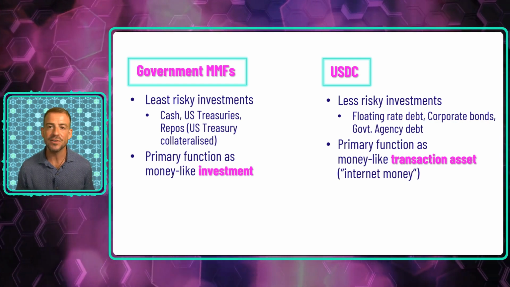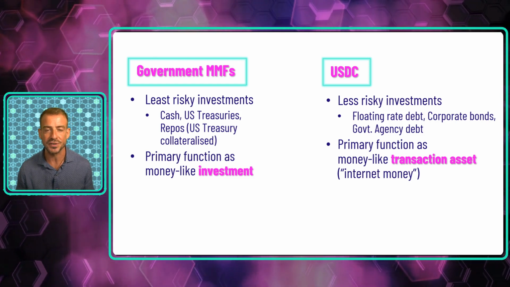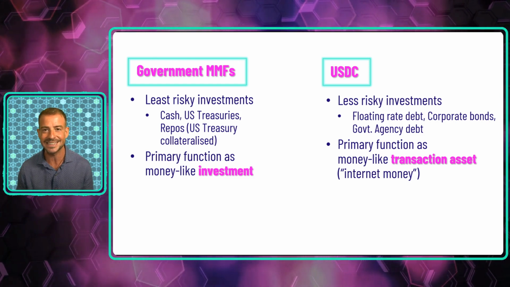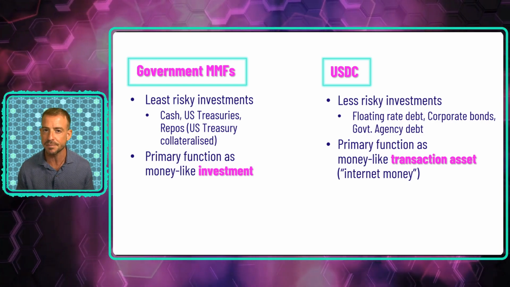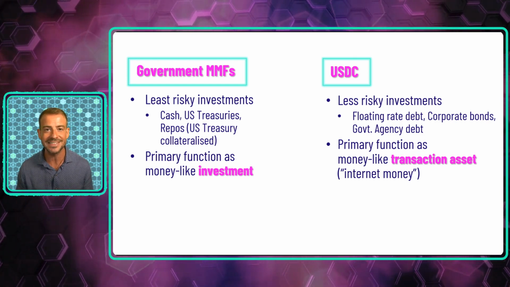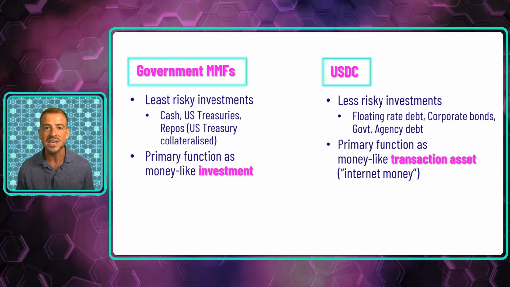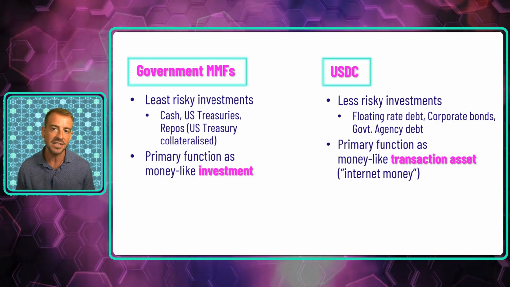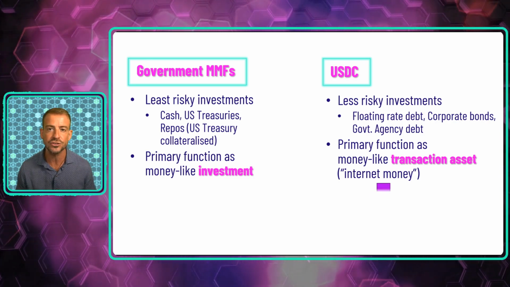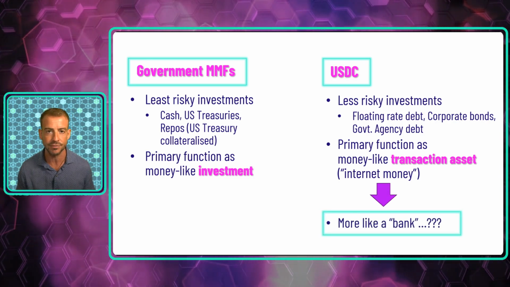But looking again at the foundational differences in the purpose of money market funds and stablecoins, we note that USDC is not being designed to be an investment asset, but to be a transaction asset. It is aiming to be money on the blockchain, and that gives it a professed economic function that is much more similar to a bank than a money market fund.